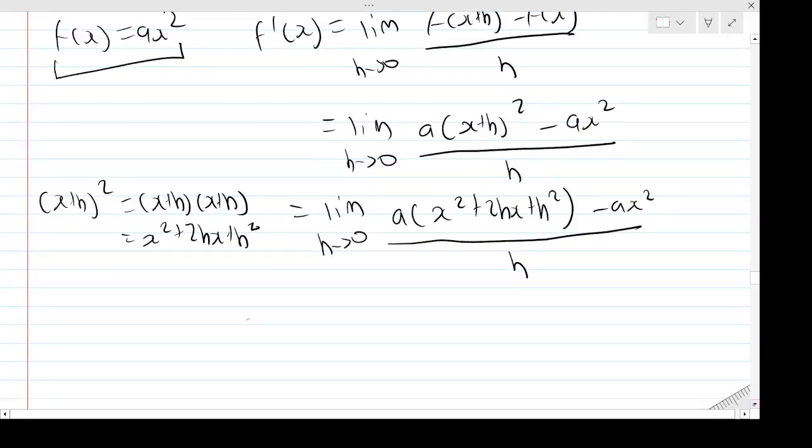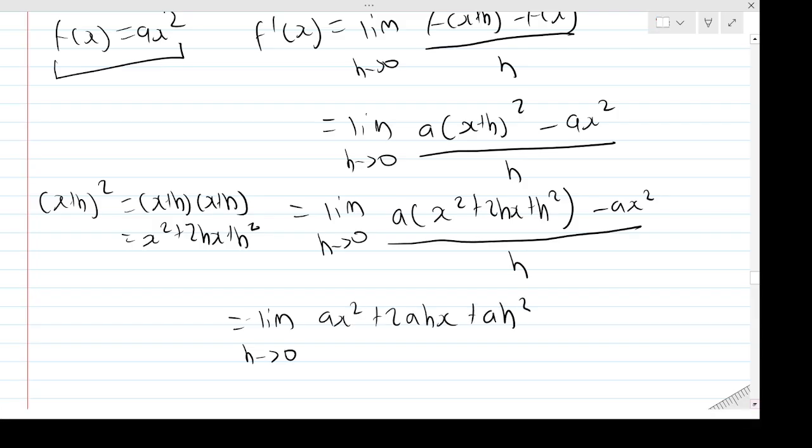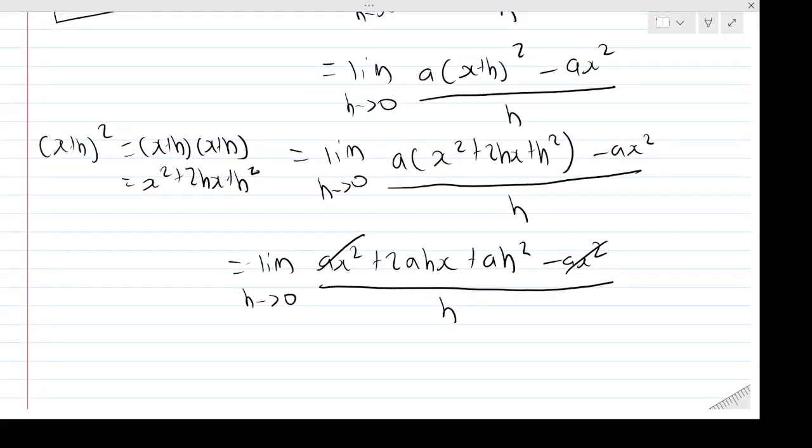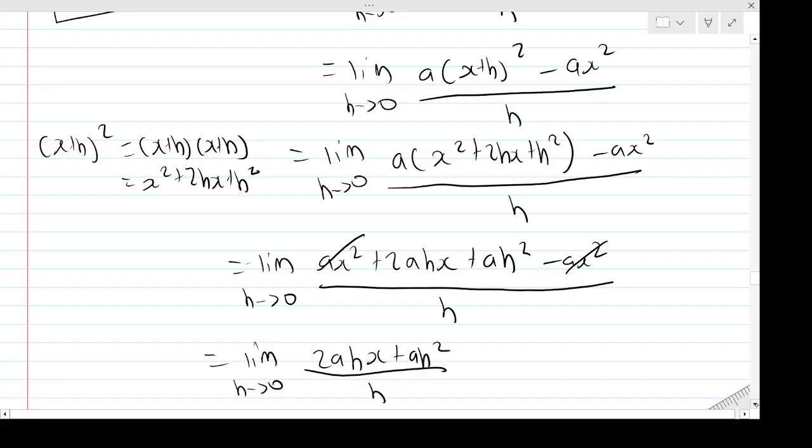Then I'm left with lim as h tends to 0 of ax squared add 2ahx add ah squared minus ax squared all over h. And then again, likewise for the other examples, the ax squareds cancel. I can then simplify further to get lim as h tends to 0 of 2ahx add ah squared over h. And I notice h is a common factor, and a is a common factor as well.